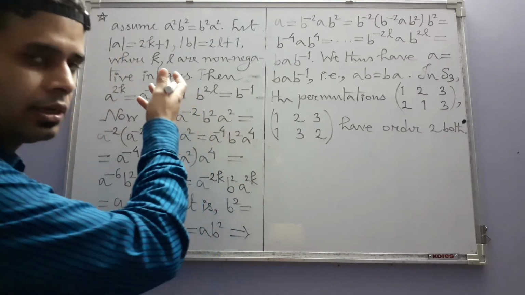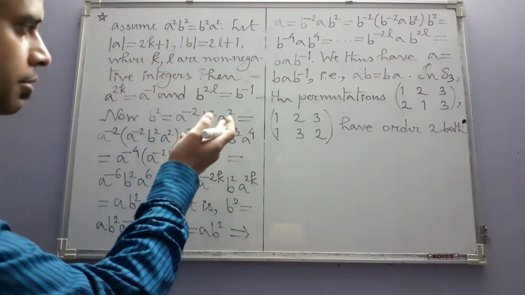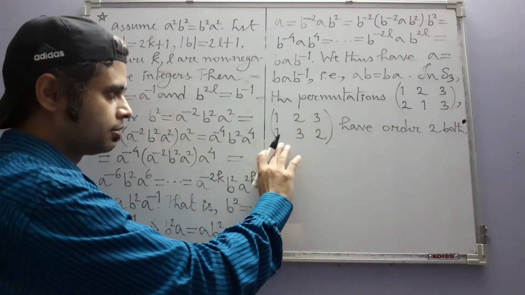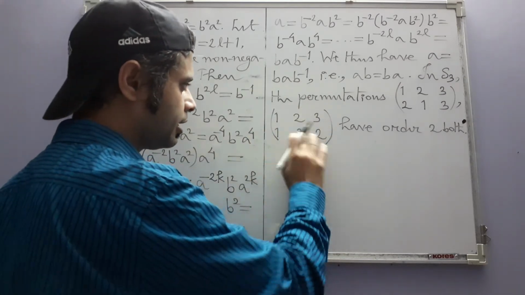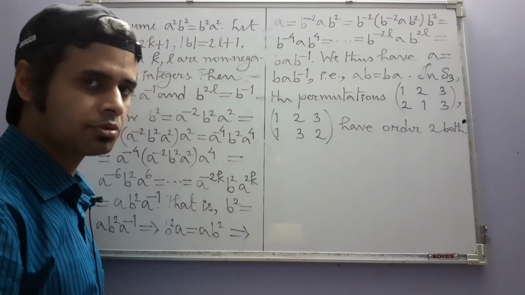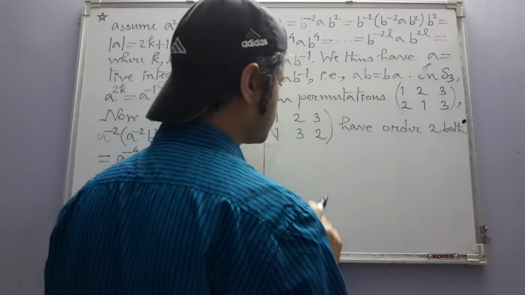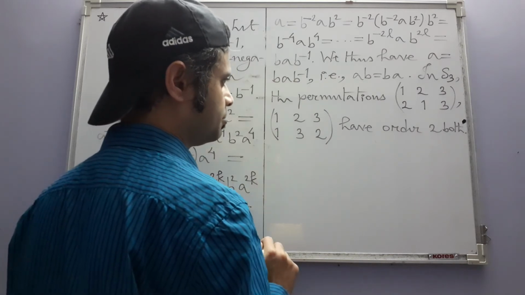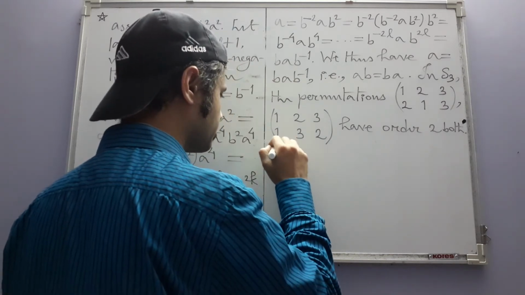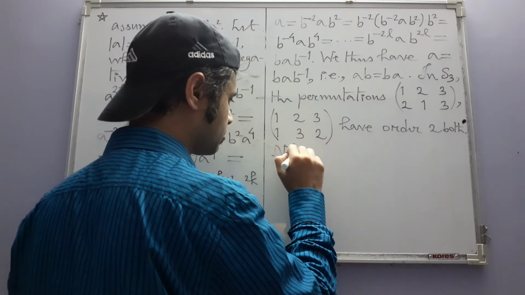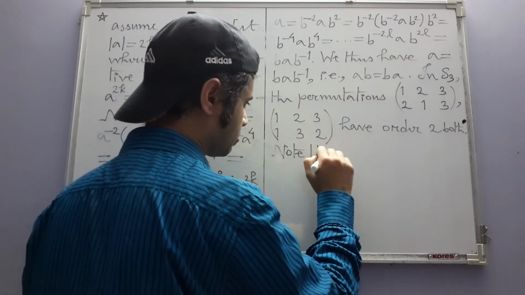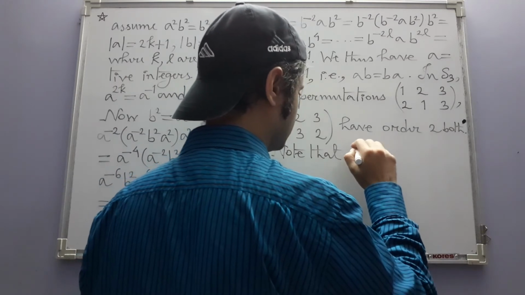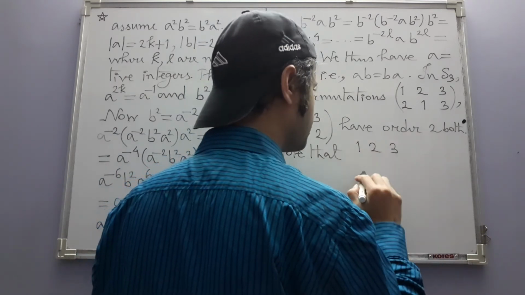We have already seen in that calculation when we were calculating the orders of the elements of S3 that these are permutations with interchange of 2 symbols. So each one of them has order 2. So both of them have even order. Note that their squares commute.